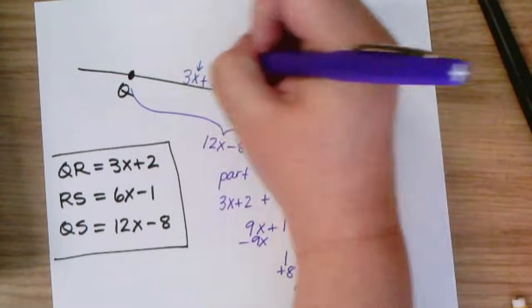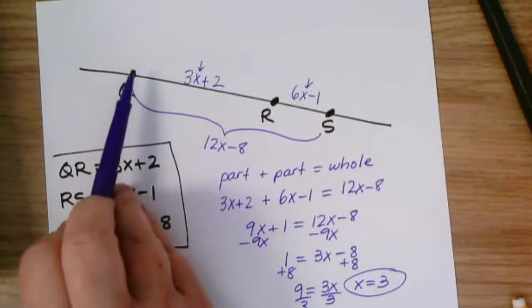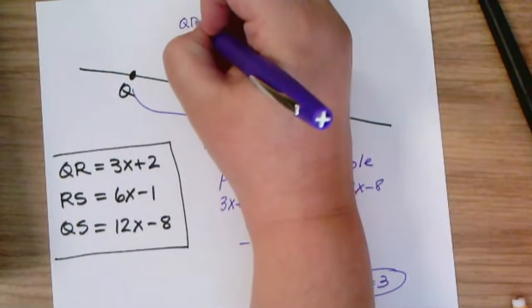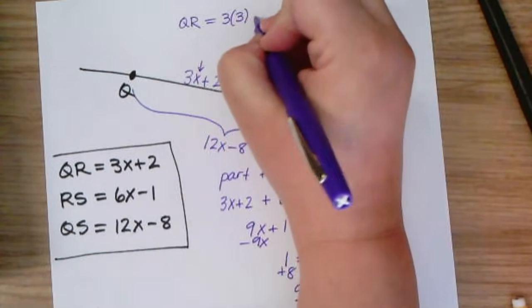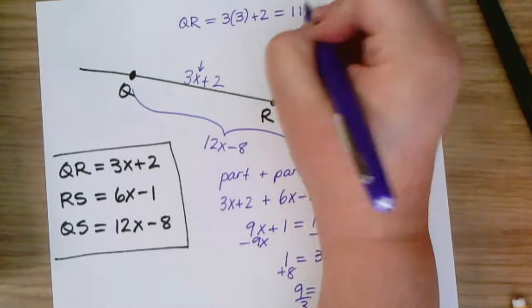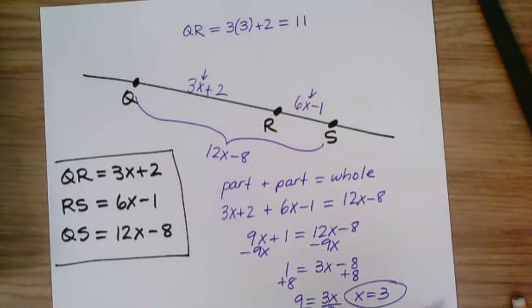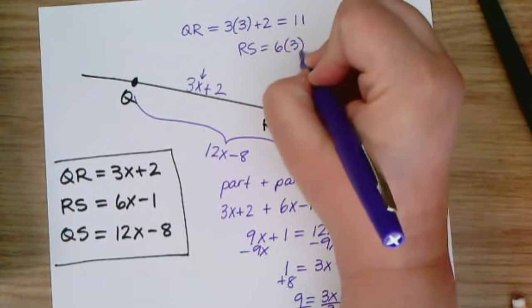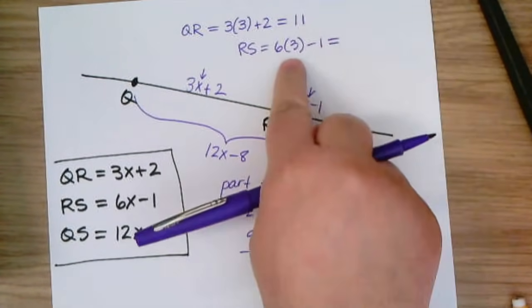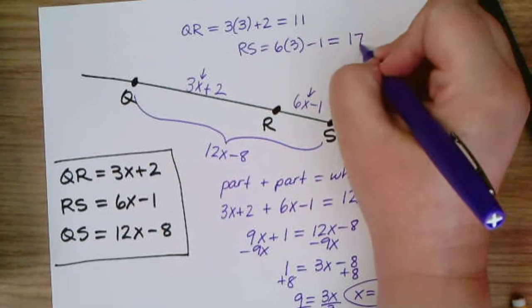So I'm going to go back and put a 3 in each of these. And I'm going to find out that QR is 3 times 3 plus 2. I can write that out if I want to. 3 times 3 plus 2 is 11. RS is 6 times 3 minus 1. 6 times 3 minus 1 is 18 minus 1 is 17.